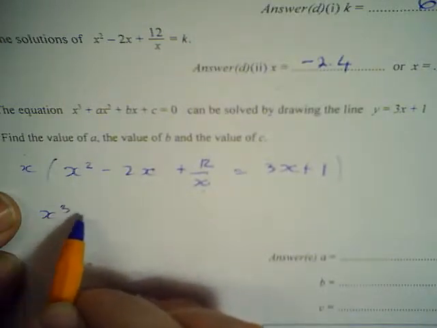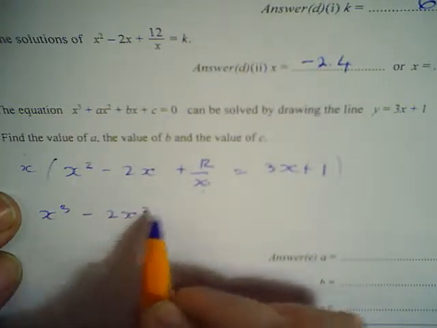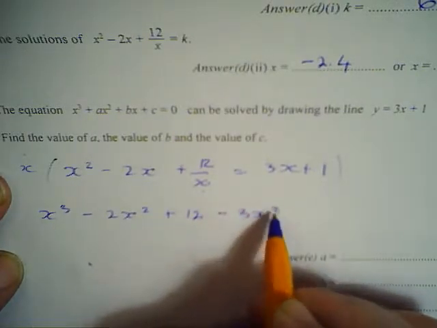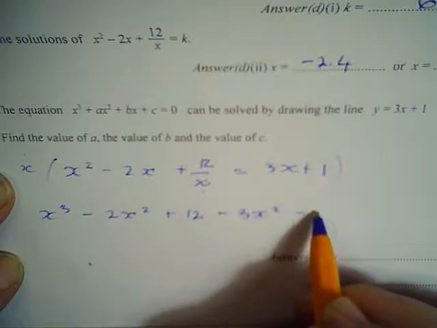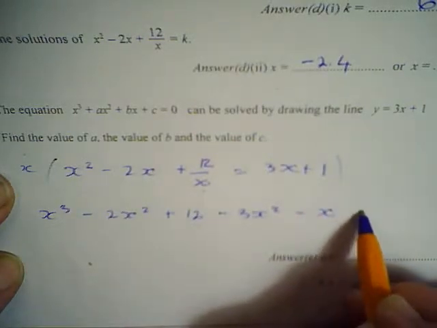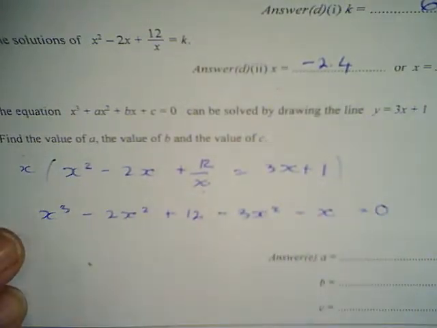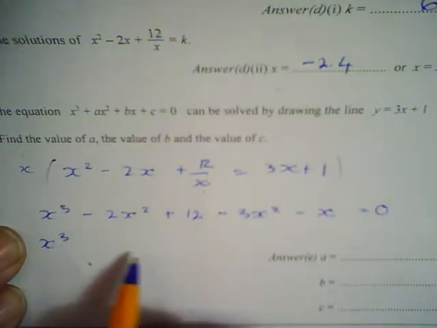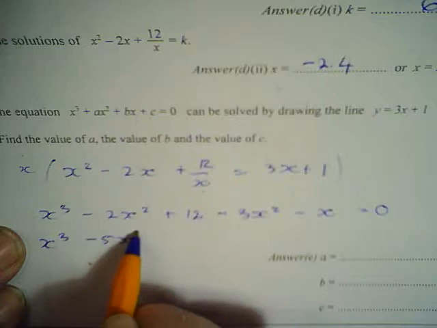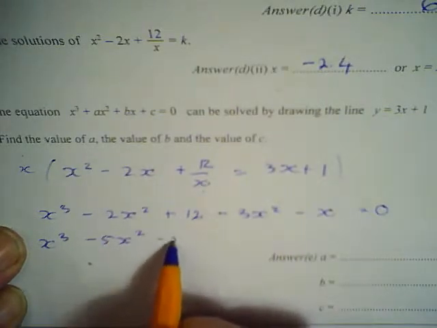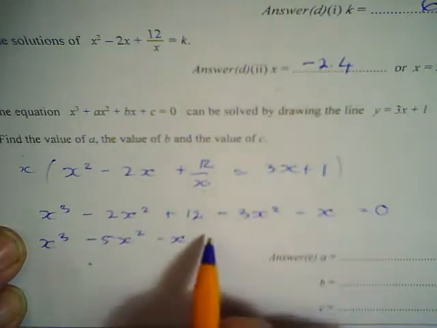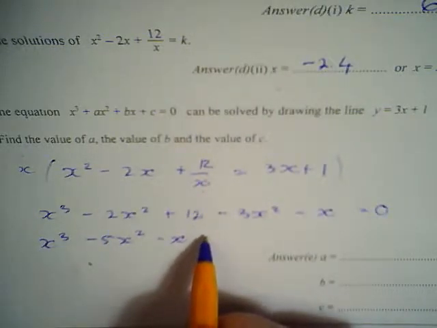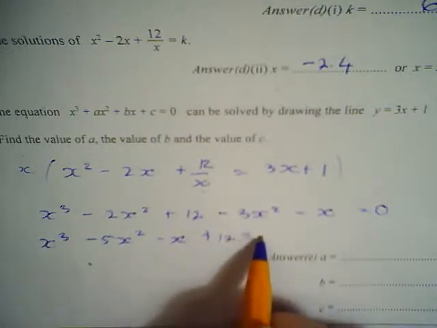So x cubed minus 2x squared plus 12 minus 3x squared minus x equals 0. Now let's simplify this. It's quite messy. x cubed minus 5x squared minus x plus 12 equals 0.